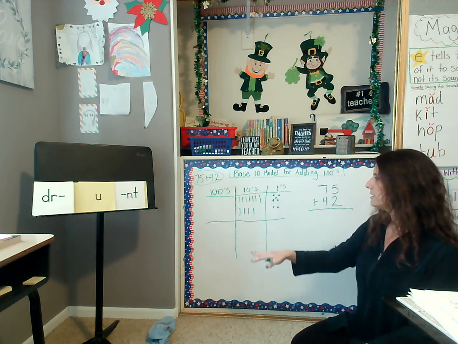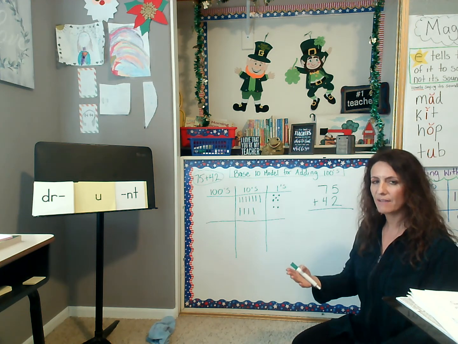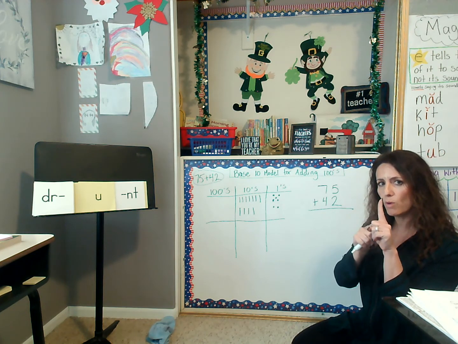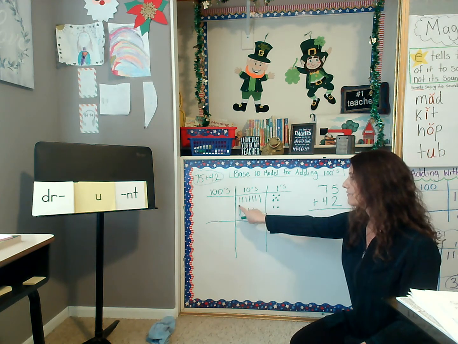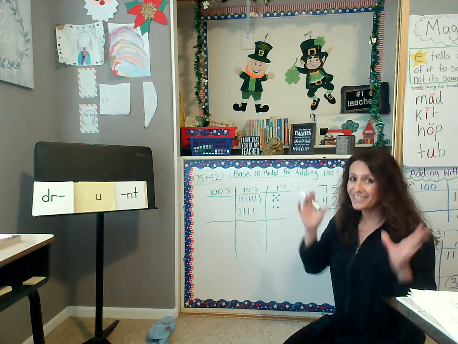Okay, so let's go to our 10s and let's count up how many 10s we have. I'm going to count by 10s. Remember, each line is 10 ones put together. So we have to count by 10s right here. Okay, so ready? Count by 10s.